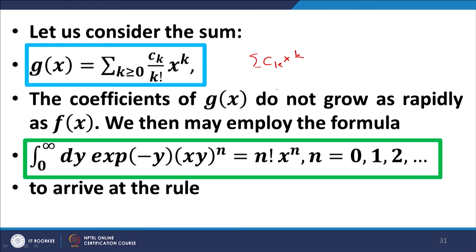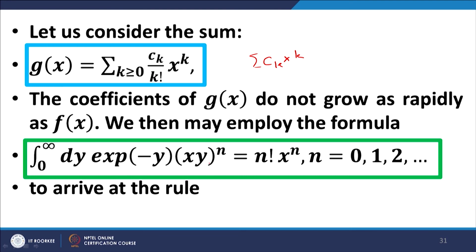So naturally the coefficients of g, that is c_k upon k factorial, grow relatively slowly compared to those of f. Now we make use of the formula: the integral dy e^(-y) y^n equals n factorial.